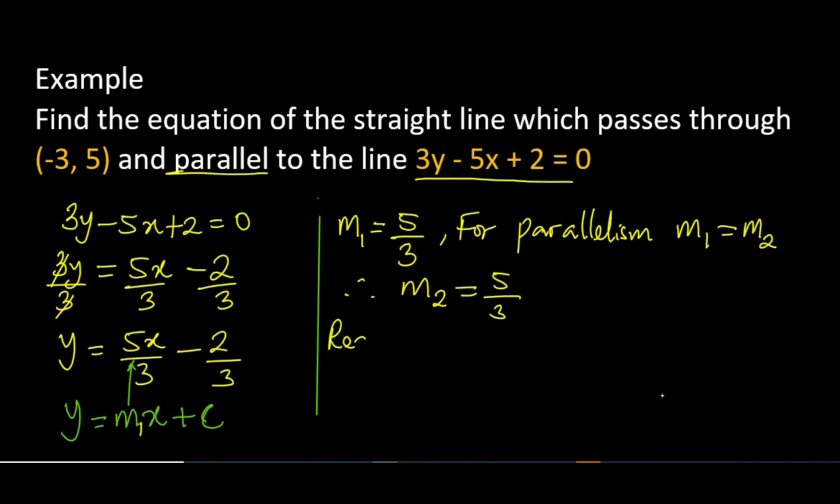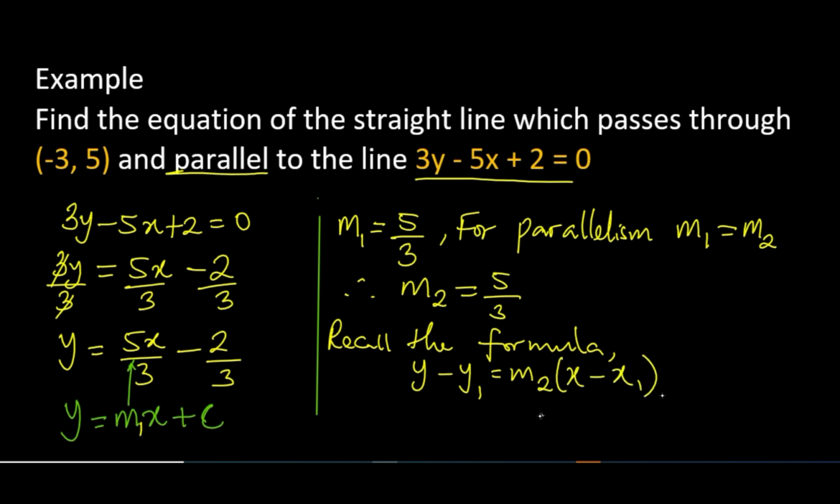And we should recall the formula that we use to solve the equation of a straight line, y minus y1 equals m times x minus x1. We are familiar with it now. So this is our x1, that's minus 3. y1 is 5. We put everything inside it.